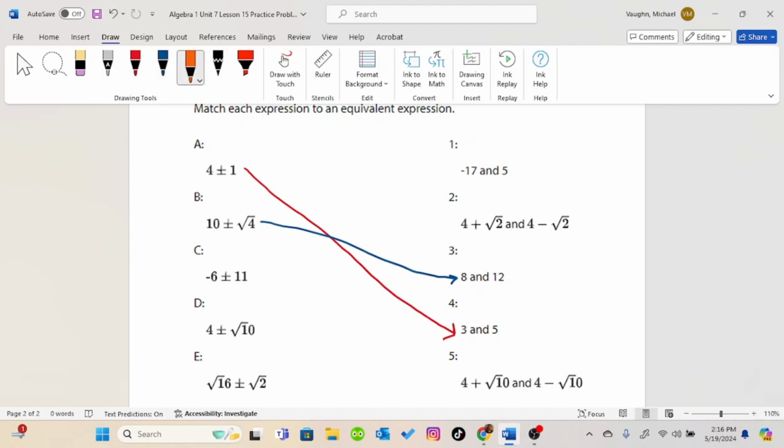Choice C, we have negative 6 plus or minus 11. Well, negative 6 plus 11 would be positive 5, and negative 6 minus 11 would be negative 17. So C matches number 1.